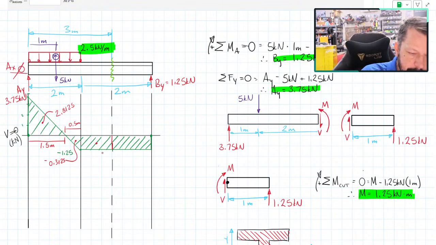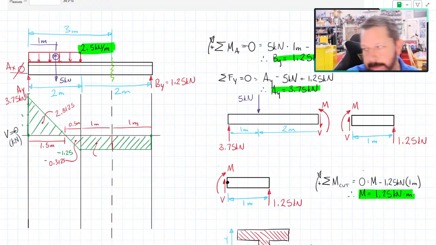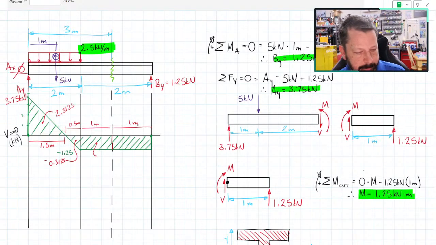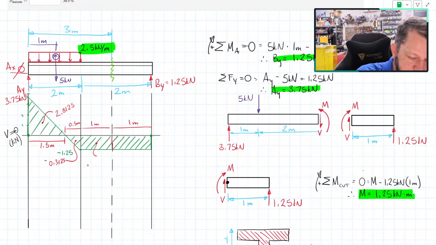I have to make sure I have my dimensions correct here. Those are both 1 meter. That's 1 meter, and that's 1 meter, even though I didn't draw it perfectly even. So this is minus 1.25 kilonewton meters, and so is this one.